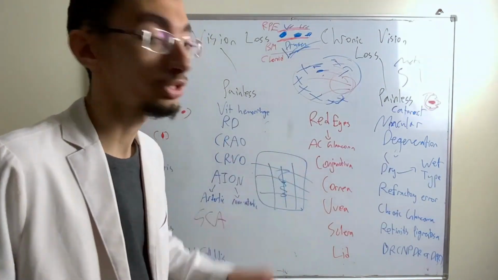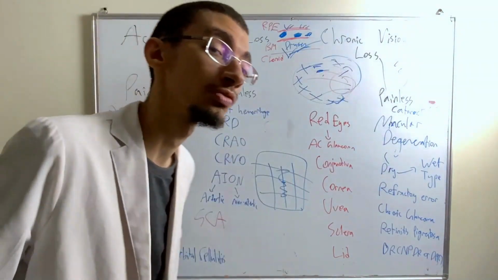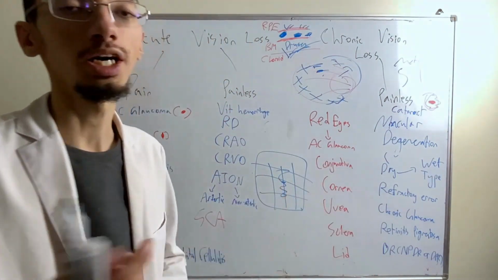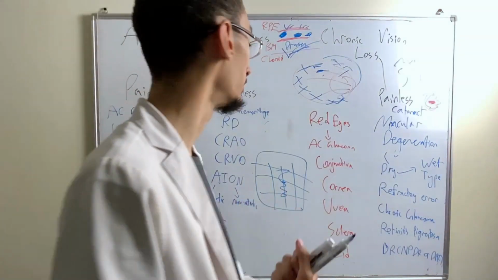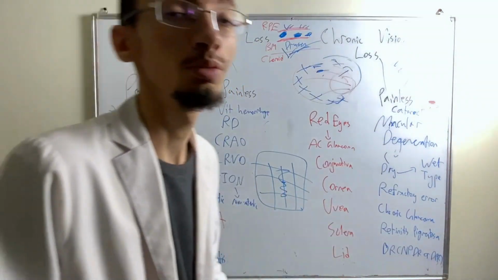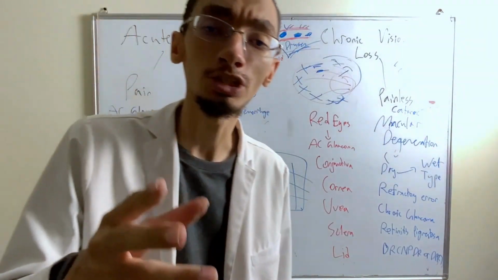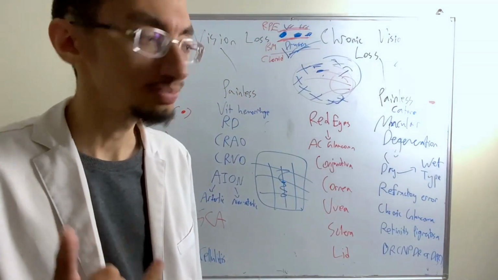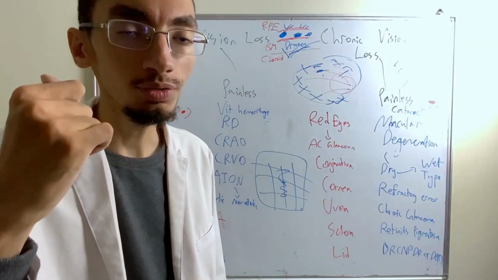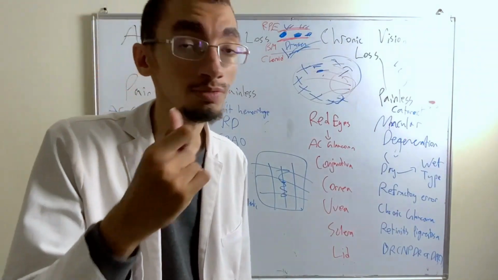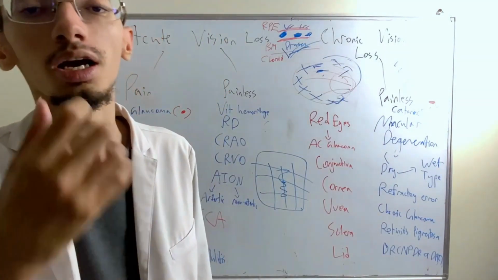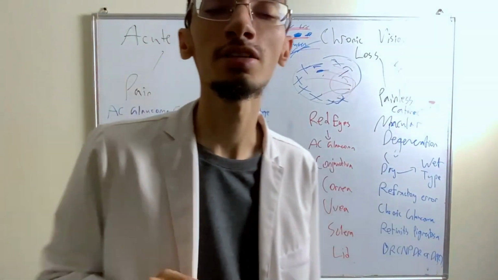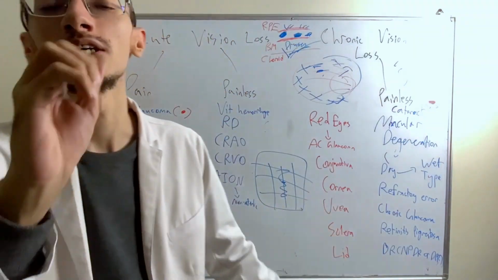Other causes can be the cornea, like keratitis, inflammation of the cornea, which could be infectious or non-infectious. Uveitis is for the uvea, and this is a very severe case that we'll see later on, in which a patient comes to you with sudden loss of vision, a painful eye, red eyes, and tearing, lacrimation from his eyes, as well as photophobia. He squints away, he closes his eyes from the light, and his pupil is narrow.